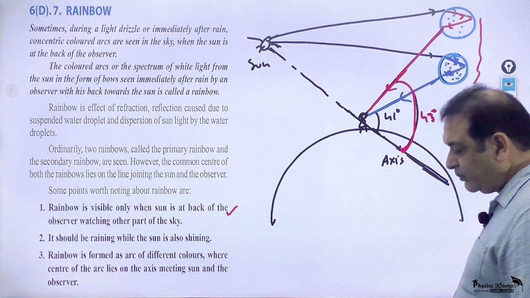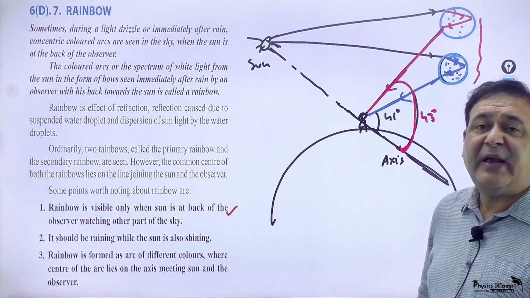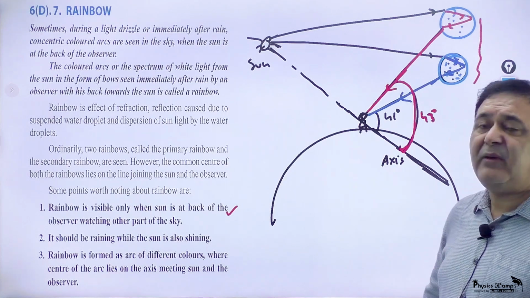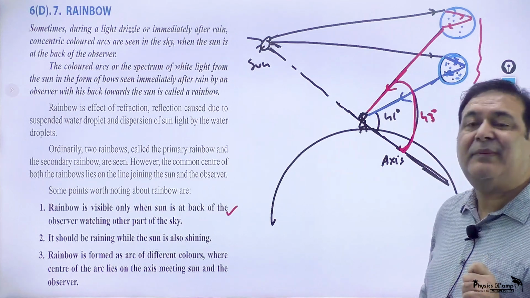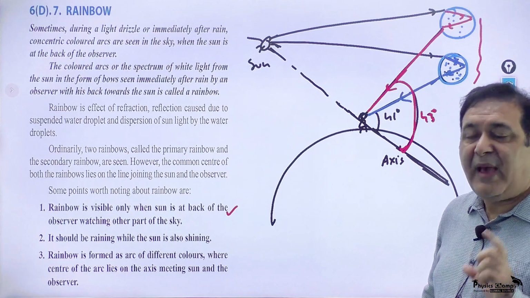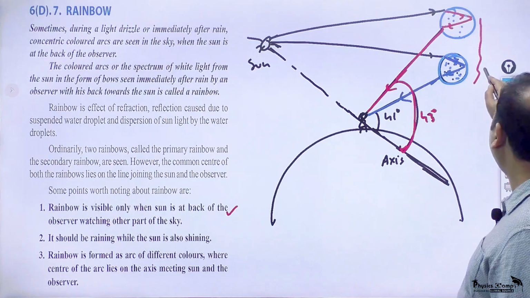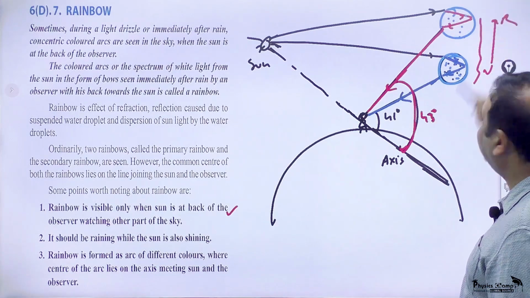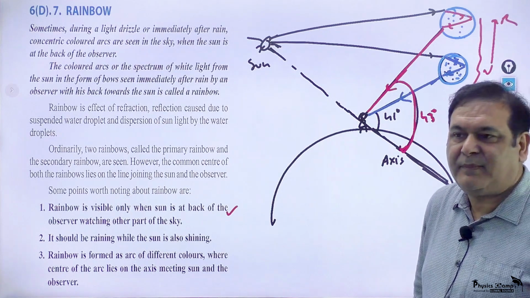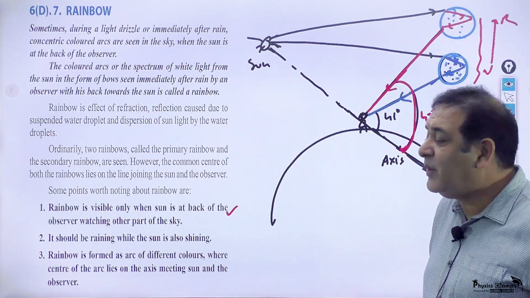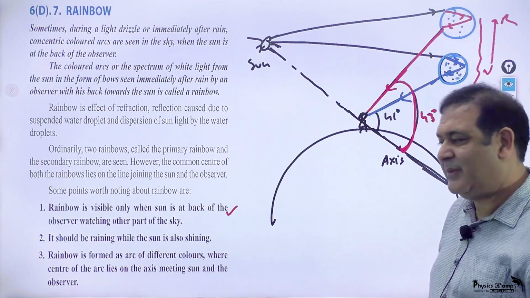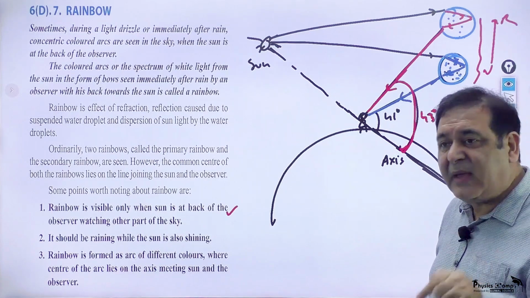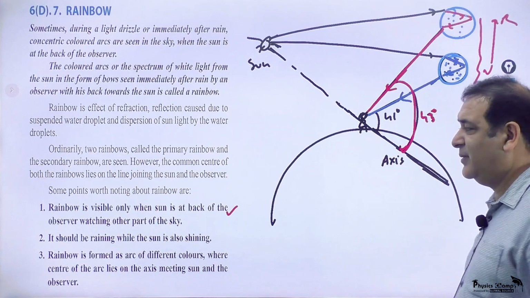So that's how you get a primary rainbow at an angle of elevation 41 degree to 43 degree. And this primary rainbow has a color pattern violet to red, and it is going to be in the form of an arc because it is an angle of elevation, and that angle is with respect to the axis.